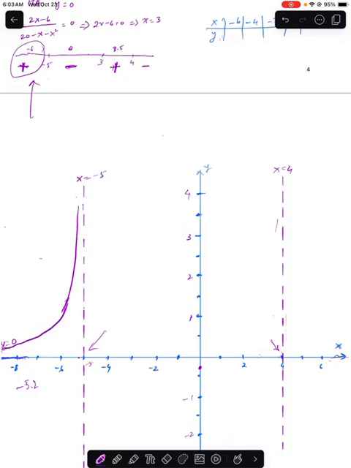And we notice that the x-intercept is 3, and the y-intercept was -0.3. Okay, this value, the y-intercept is -0.3. So it has to cross the x-axis at 3, and it has to cross the y-axis at -0.3.